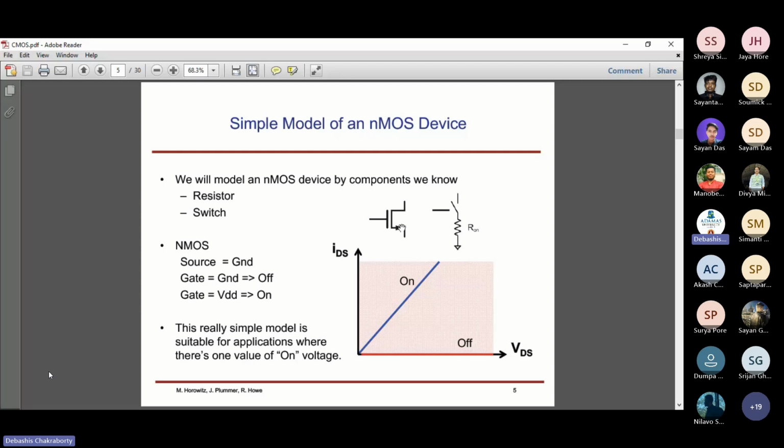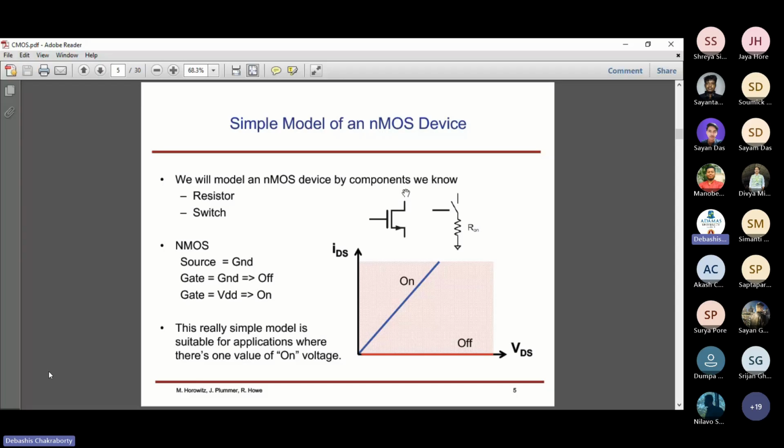This is the equivalent circuit of the transistor on the right-hand side. It is just like a resistor and it behaves like a switch, on and off, close and open. The source is always grounded and the drain is connected to the power supply, denoted by VDD. DD stands for the drain power supply.